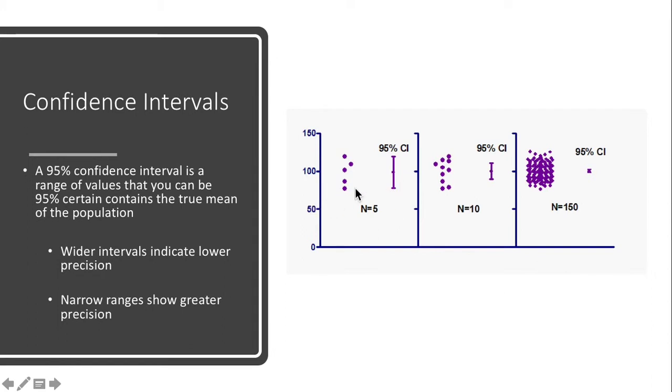Say for this example, this shows from 75 to 125. Whereas if we go to a large sample size, we have much better precision to make a point estimate. And you see here, it's right around the mean of 100, and so it's a very tight interval when you have a larger sample size. So we can be very confident that that value lies within that range.